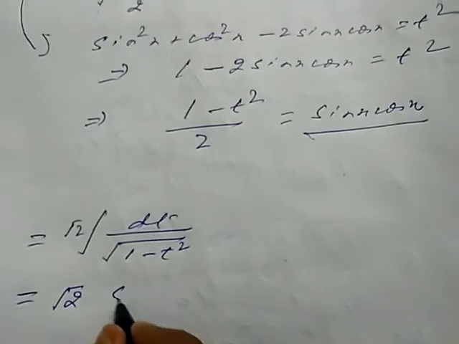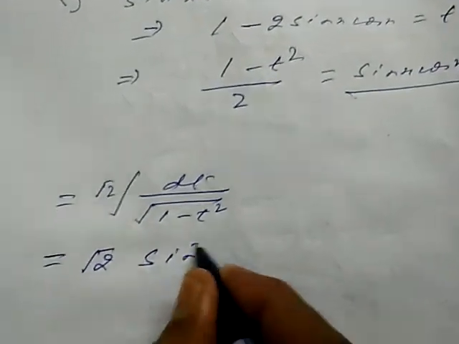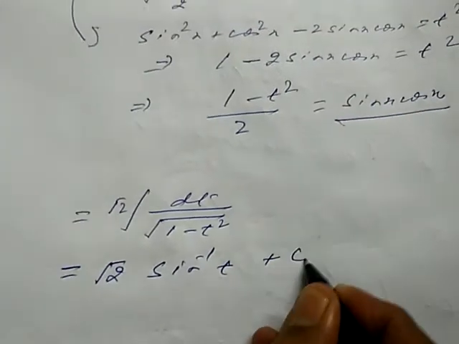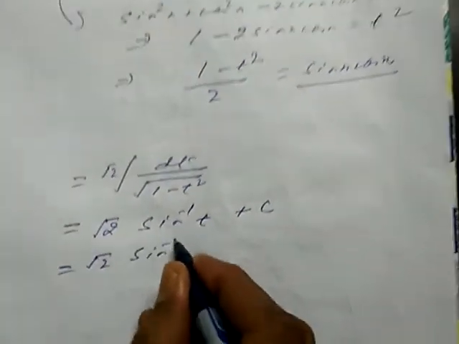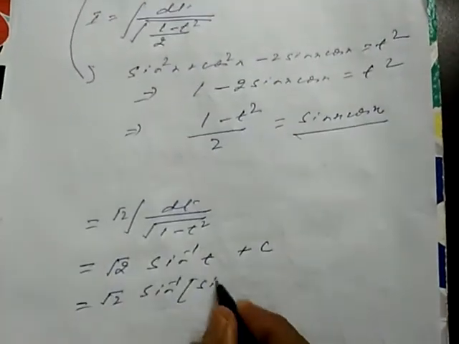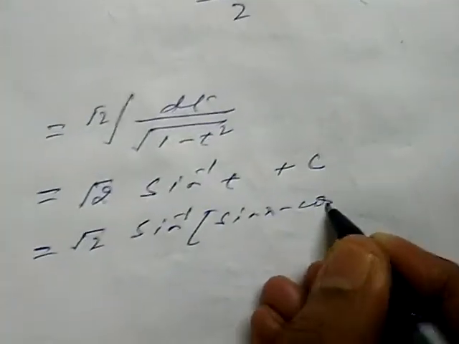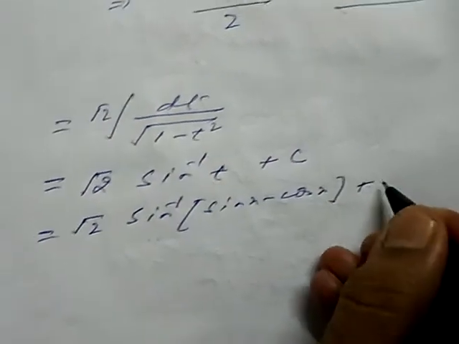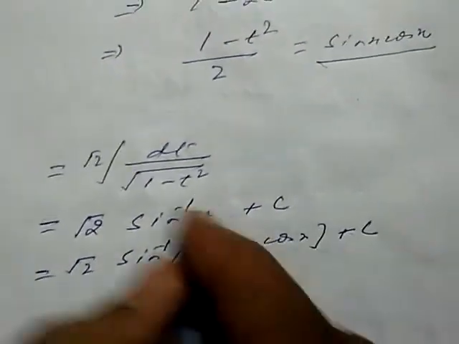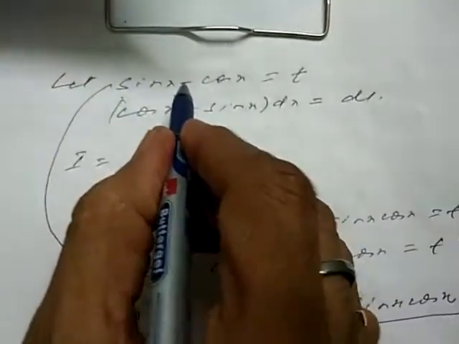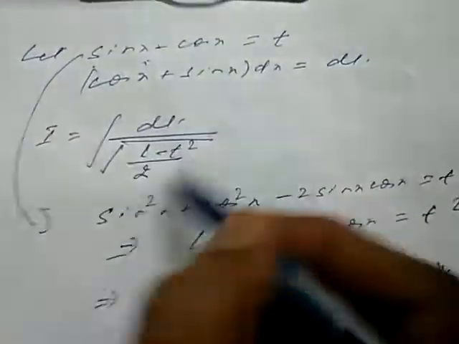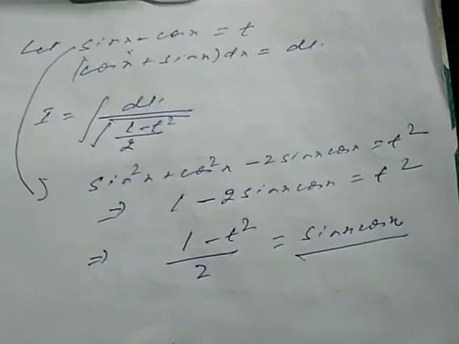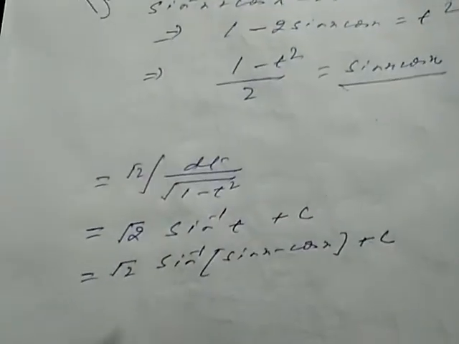So this is root 2 sin inverse t plus c, and after solving it, we will put the value of t. This is root 2 sin inverse (sin x minus cos x) plus C. So what kind of conversion have we taken? We have taken the help of substitution by assumption for getting the integrand in a moderated form, and we got it. This is a very important question you can go through.